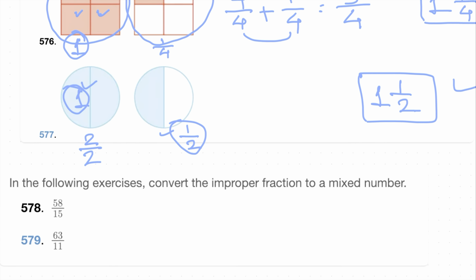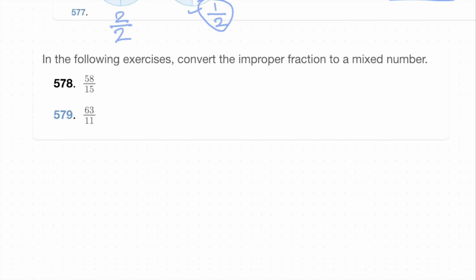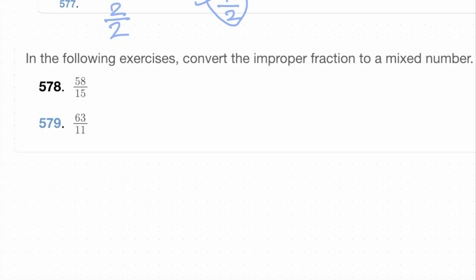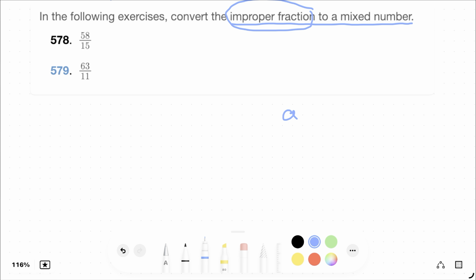Now the last question of today's video. In the following exercises, convert the improper fraction to a mixed number. First we need to understand what is meant by an improper fraction. If a fraction is a upon b, where a is called the numerator and b is called the denominator, and the numerator is greater than the denominator, then we say that it is an improper fraction.